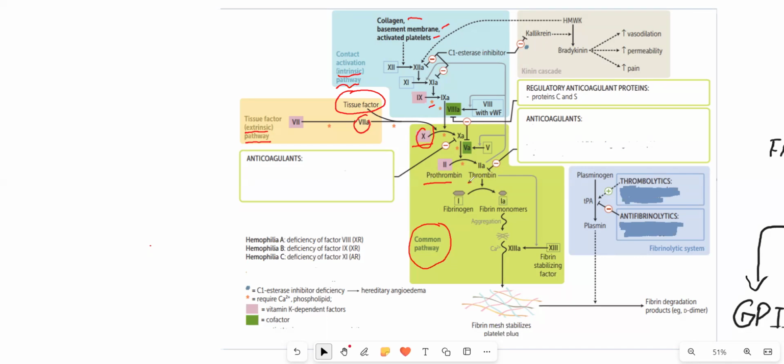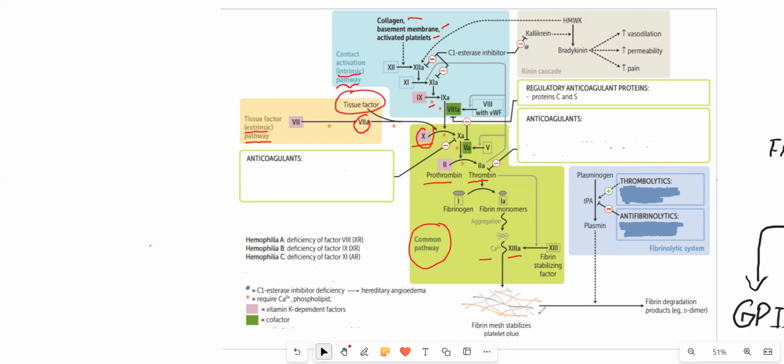This thrombin ultimately converts fibrinogen into fibrin. Fibrinogen is soluble and fibrin is insoluble, and then the aggregation of fibrin takes place. Then ultimately factor 13a and calcium form the fibrin mesh that stabilizes the platelet plug, right?